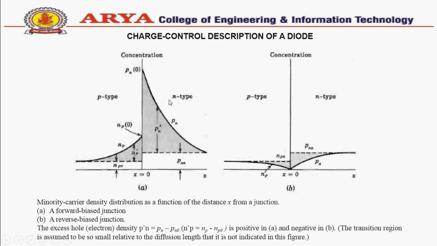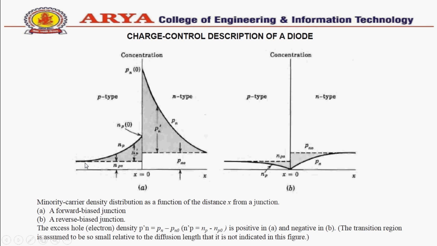For simplicity of discussion, we assume that one side of the diode, say the P material, is so heavily doped in comparison with the N side that the current I is carried across the junction entirely by holes moving from P to N side, or we can say I equals I_pn0.